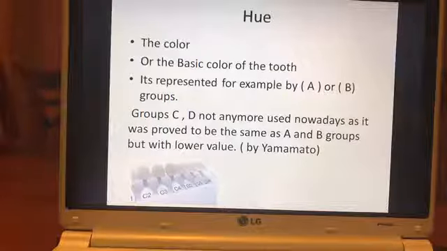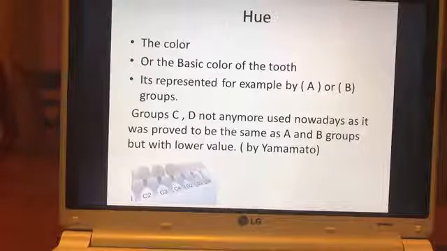To make it easy, there are 4 main hues in dentistry: A group, B group, C group, and D group. Before we go any further, let's agree that A group and B group are the most used hues in dentistry.